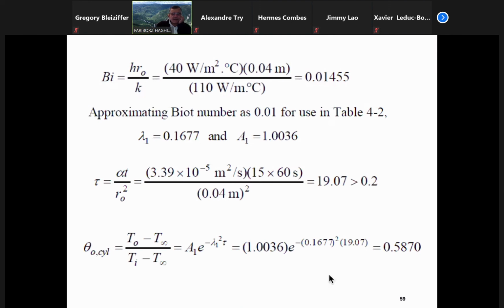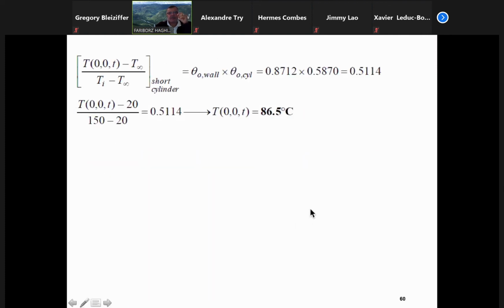Look here, the dimensionless temperature for a long cylinder is this one. And we did the same thing for the plain wall, we find this value. Now if you would like to find the temperature at the center of a short cylinder, you have to multiply these two numbers together.